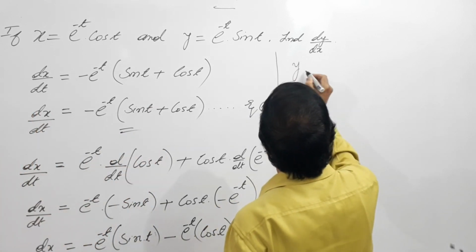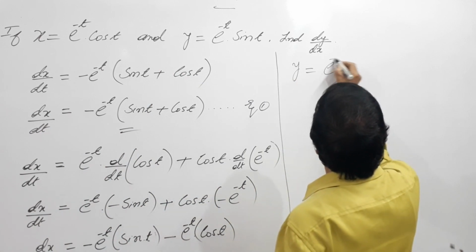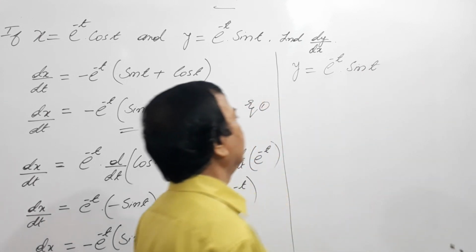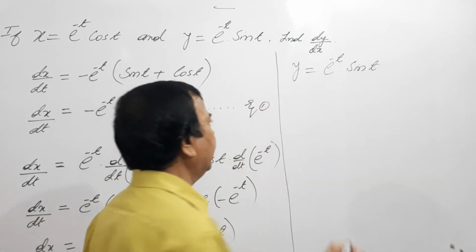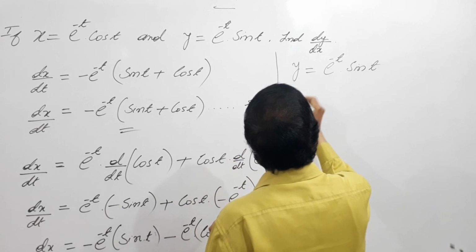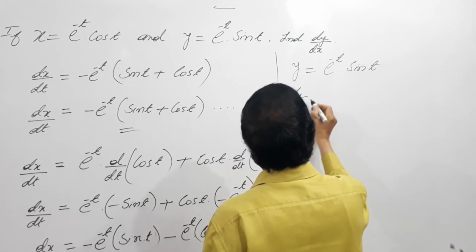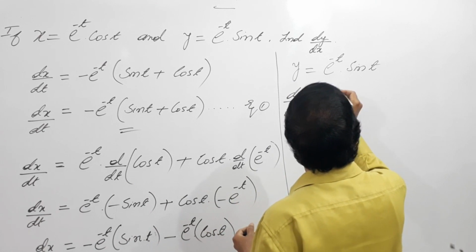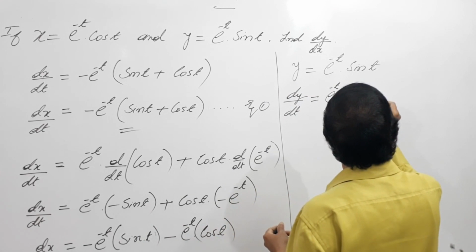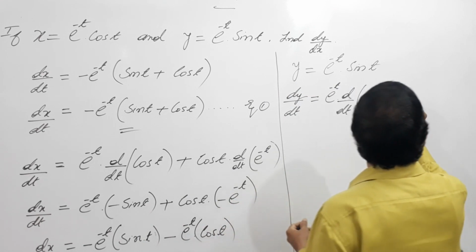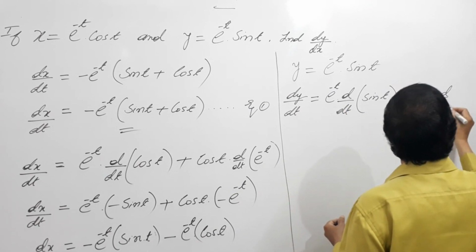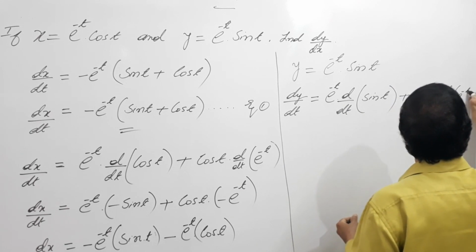I'll rub the remaining. That is y equals e to the power of minus t into sin t. So again, differentiating y with respect to t, what do we get? dy by dt equals, I keep e to the power of minus t as it is, and d by dt of sin t, plus sin t into d by dx of e to the power of minus t.